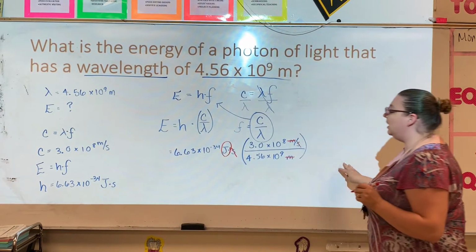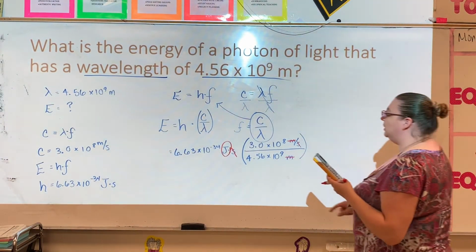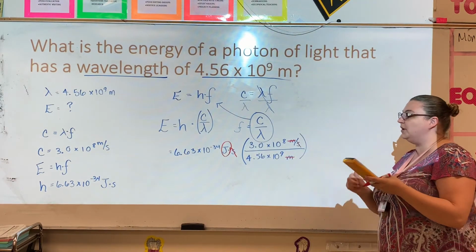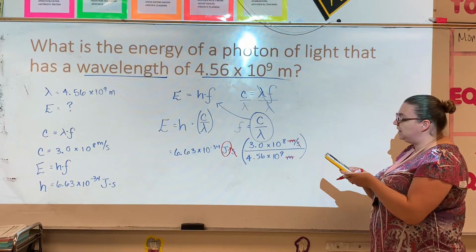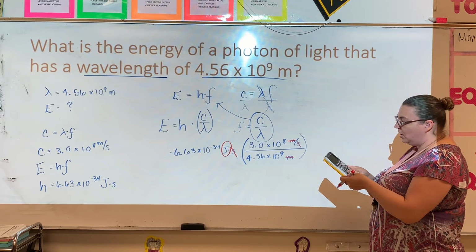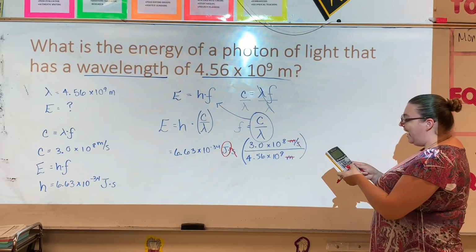So now I can very easily go into my calculator and put in my numbers. Remember though, when we're using this times 10, we want to use our special second function comma buttons. So I'm going to put this in as 6.63 second comma negative 34. And I'm going to do the parentheses.